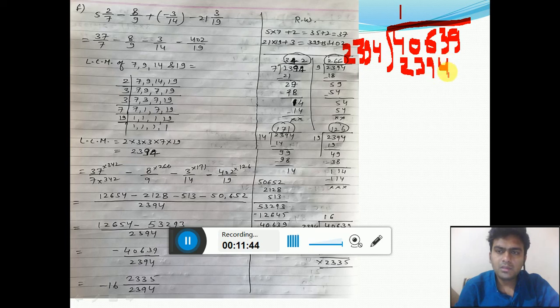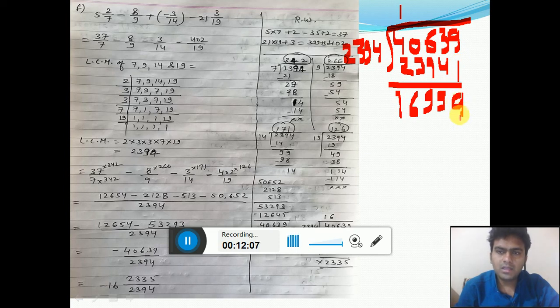Now subtract. So 13 minus 4 equals 9. Now 15 minus 9 equals also 6. Now this number will become 9. So 9 minus 3 equals 6, and this number 3 minus 2 equals 1, and the next number is 9.